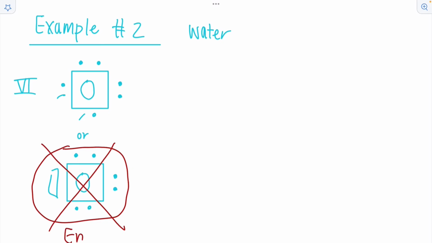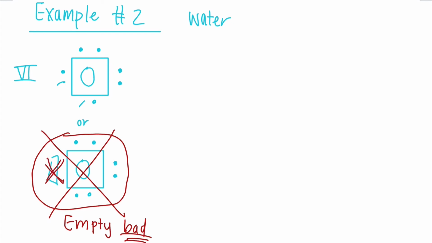Empty is bad. There should be at least 1 electron on every side of the table. There's no way for it to make a bond if there is a completely empty slot. A bond has to be formed between 2 electrons that are being shared. Each has to bring 1 to the table.